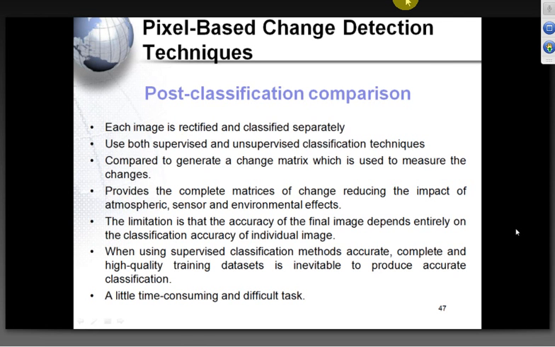It provides the complete matrices of change, reducing the impact of atmospheric, sensor and environmental effects. The limitation is that the accuracy of the final image depends on classification accuracy. The disadvantage is that it is a little time consuming and difficult task.